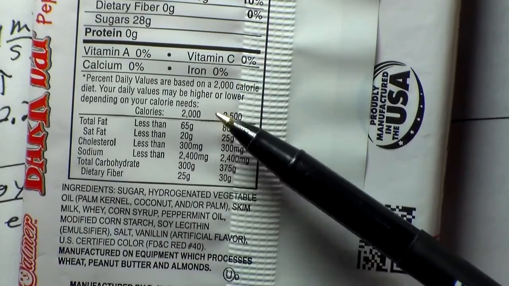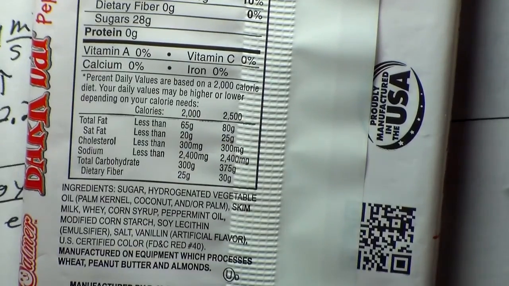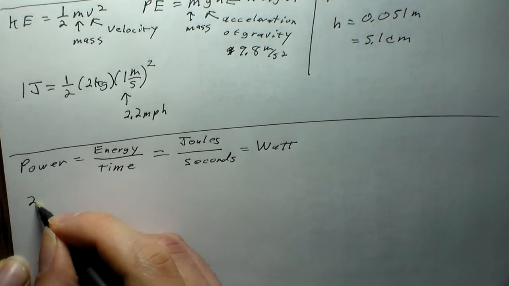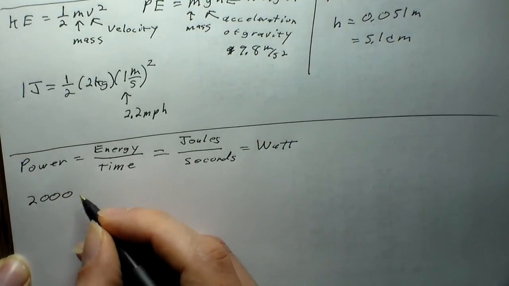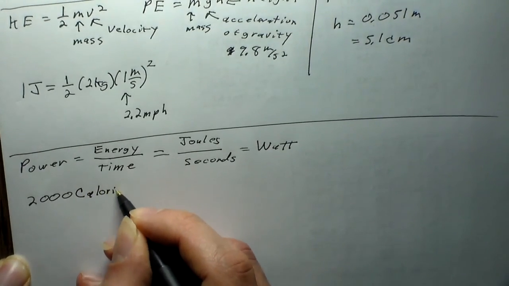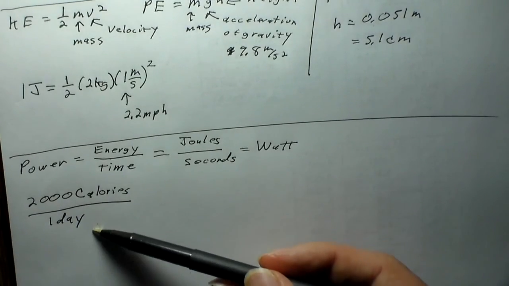And then we could actually say, well, if this is 2,000 calories and this is burned over the course of 1 day, how much power does the average person actually run on? Let's say I have here 2,000, and this is going to be my capital calories, because these are my food calories, per 1 day. Okay, so right here, that's energy divided by time.